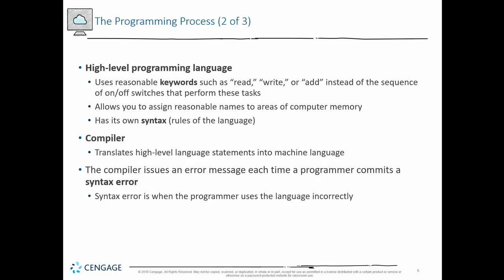If the computer cannot understand what you're trying to do, it flags each error message. Each time it finds an error, and there'll be three different types of errors, for instance, if you were supposed to put a semicolon at the end of a line and you didn't, it'll flag that as what's called a syntax error. And that's an error when you use the language incorrectly.